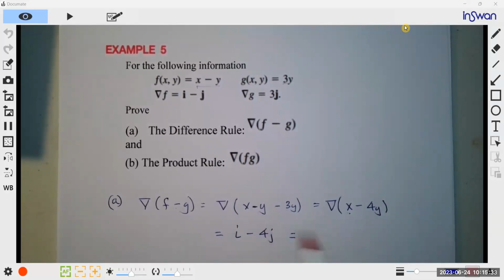Since that's true, that's the same thing as saying i minus j minus 3j, which is del f minus del g.